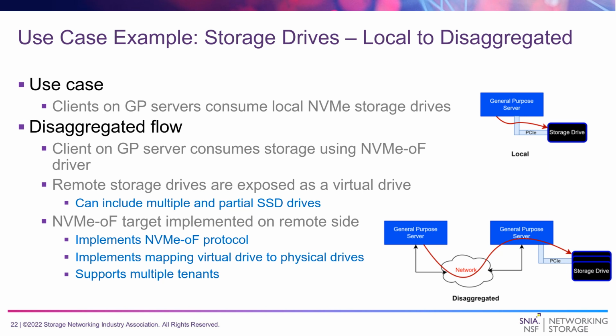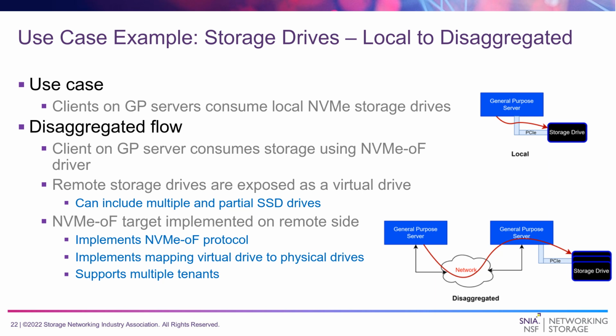But beneath that, it translates from local PCI NVMe into NVMe over Fabric and goes over there. And on the target side, we can expose remote storage virtually, different from the actual hardware topology. So we can have a client exposed to one client, an NVMe drive, which is virtual.